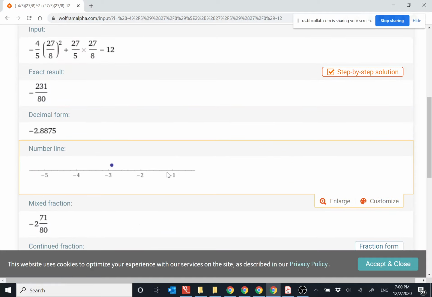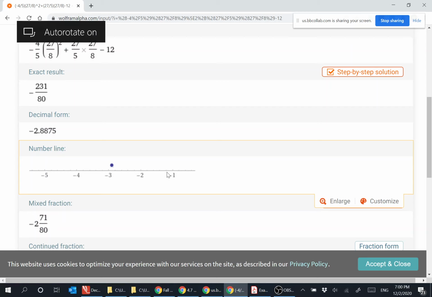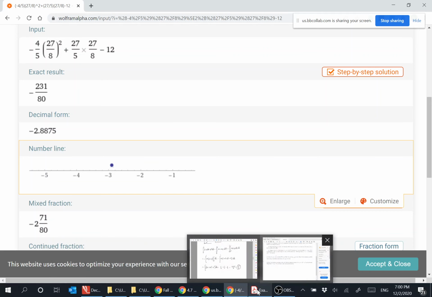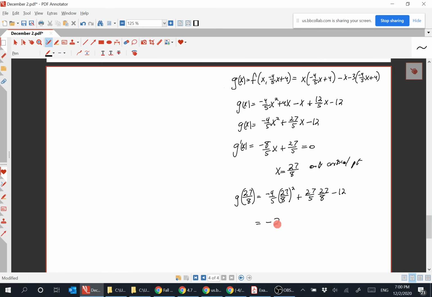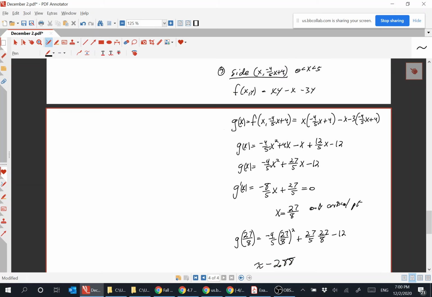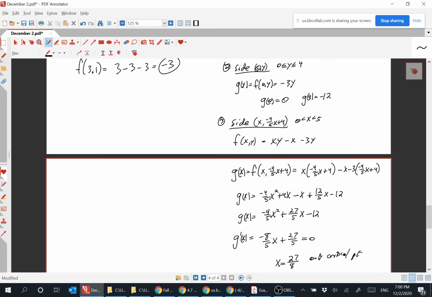So minus 2.88. Minus 2.88. It should be larger than that. What happened? It should be larger than that.